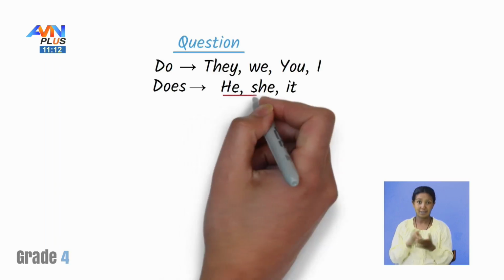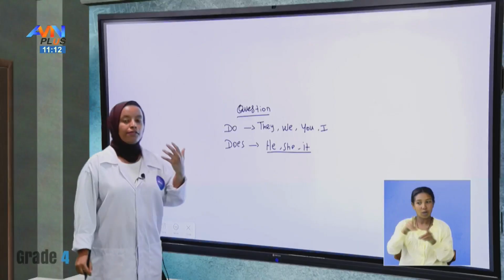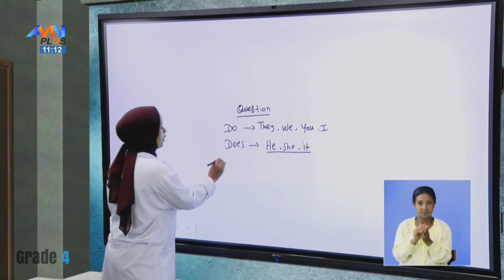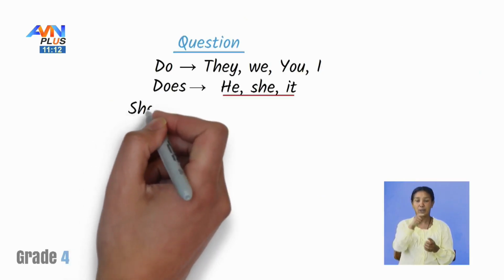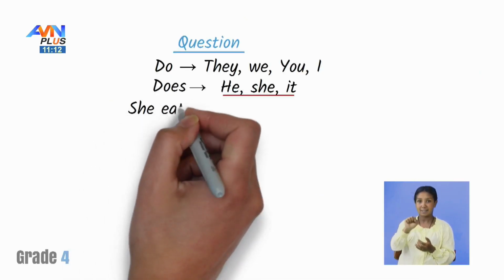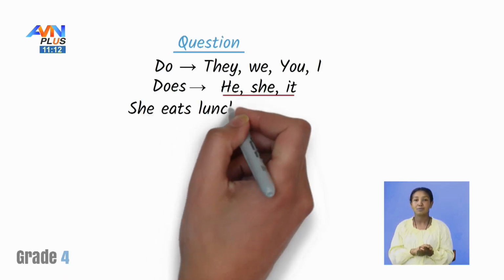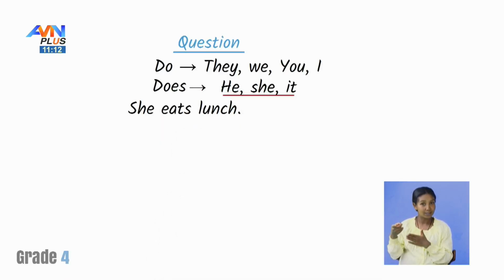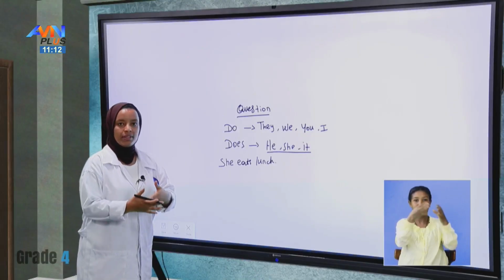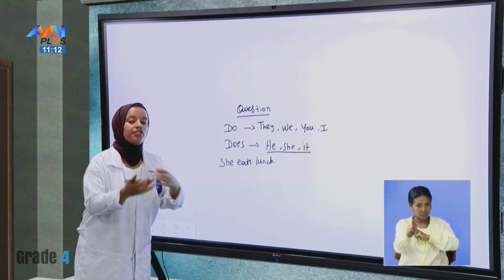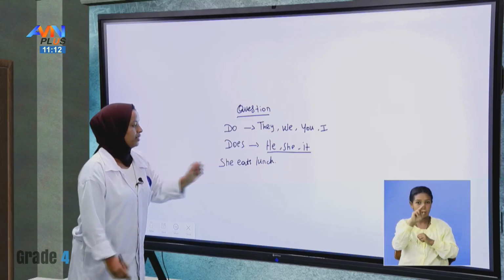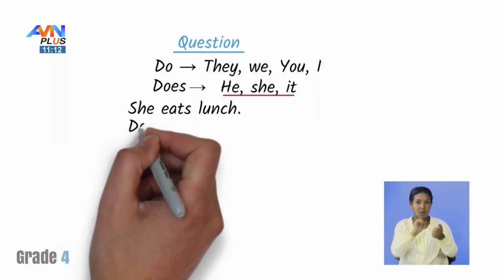Here is the rule: we can use do and does. For example, she eats lunch. This is an affirmative sentence. Let us change it to a question, also called an interrogative sentence. Here is does.